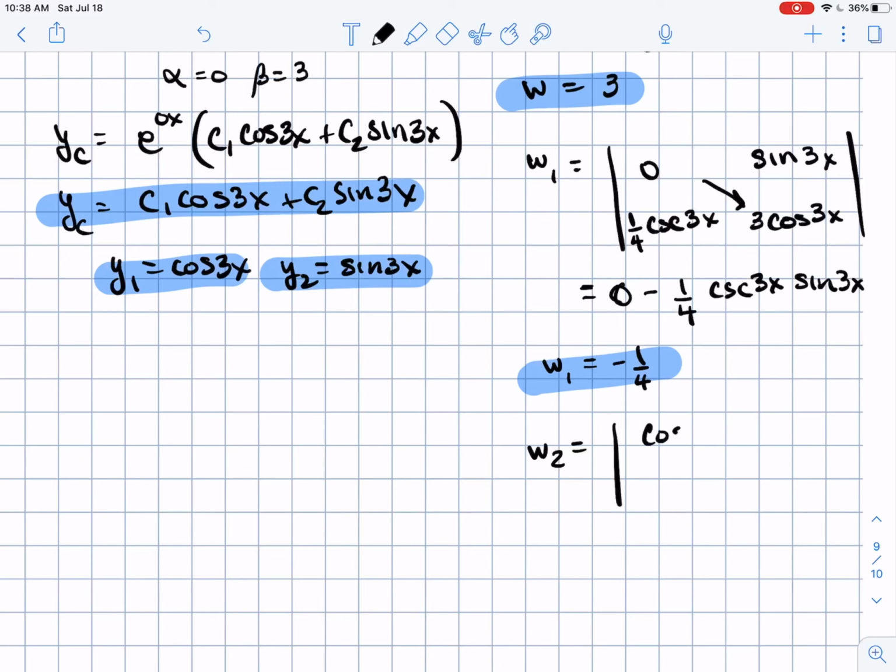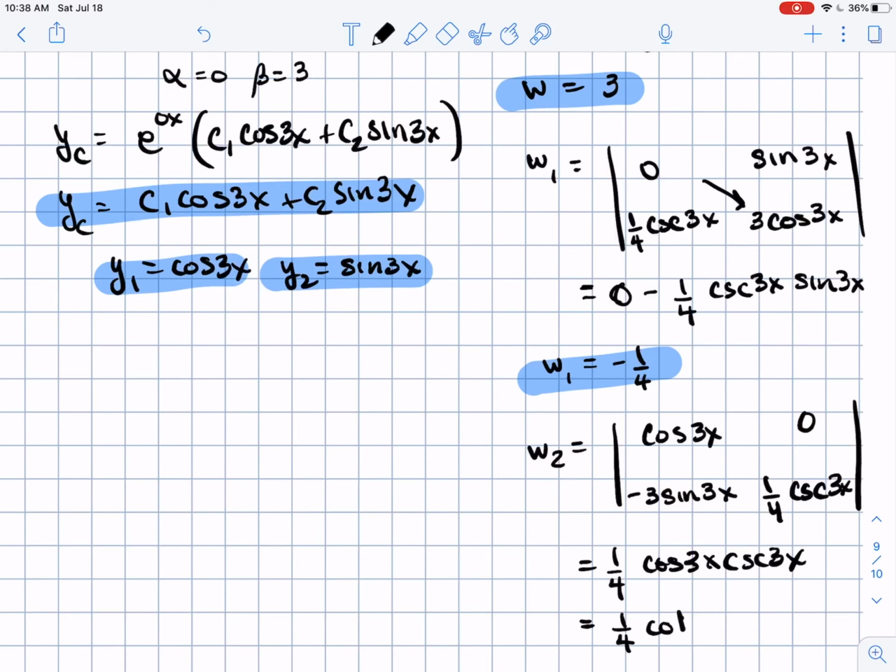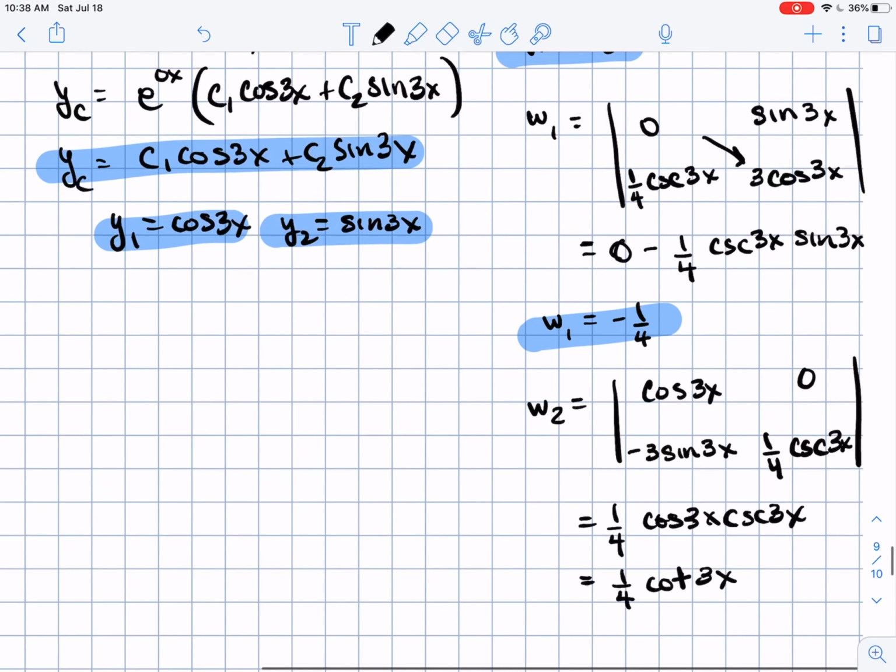And then W sub 2 is done pretty much the same way. We'll have cosine 3x and -3 sine 3x, 0, and our 1/4 cosecant 3x. So we wind up getting 1/4 cosine 3x cosecant 3x, but that's really cosine over sine, so we get 1/4 of a cotangent 3x. So let's do u1 prime.